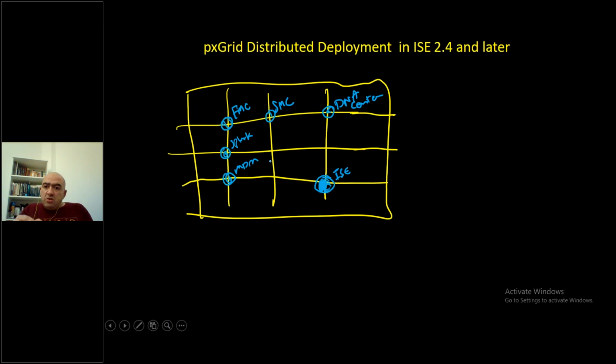And ISE will ask them, if you want to be a part of this grid, I need to create a certificate for you. I will give it to you. ISE, by the way, is working as a certificate authority by default. You can depend on another certificate authority like Active Directory Certificate Services, but when it comes to pxGrid, we prefer to use the ISE capability to act as a certificate authority. He will give them a certificate used for pxGrid only.